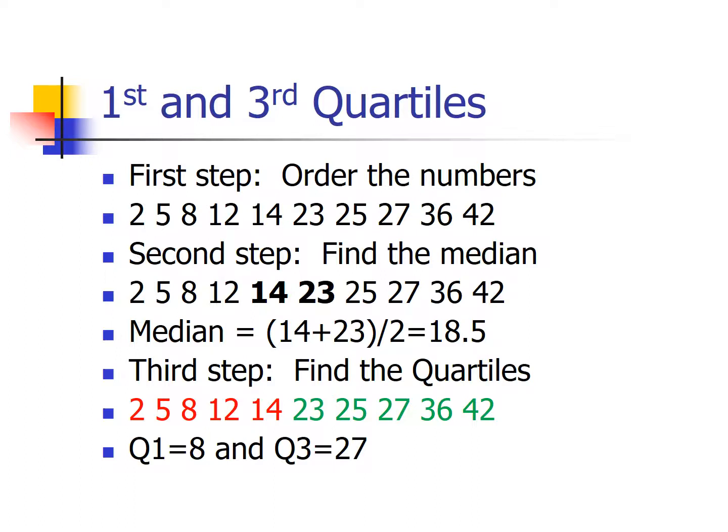That's an even number, which means that there's going to be 2 numbers in the middle. In this case, I bold-faced them. It's 14 and 23. So the median is the number that falls exactly between 14 and 23. I can find that by adding up 14 and 23 and dividing by 2. If I do that, I get 18.5. 18.5 is the number exactly between 14 and 23.